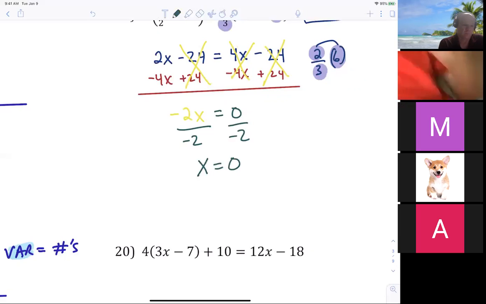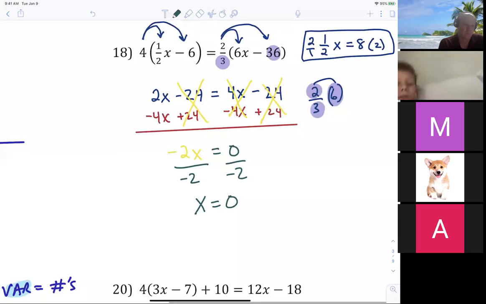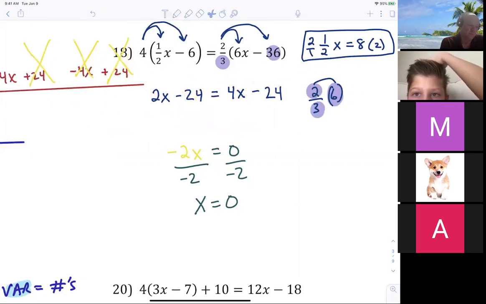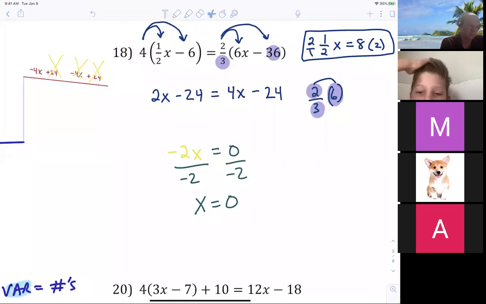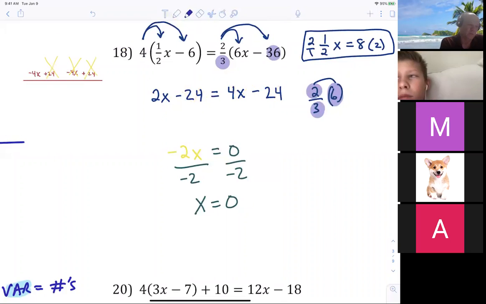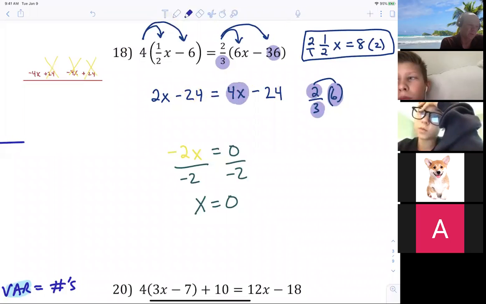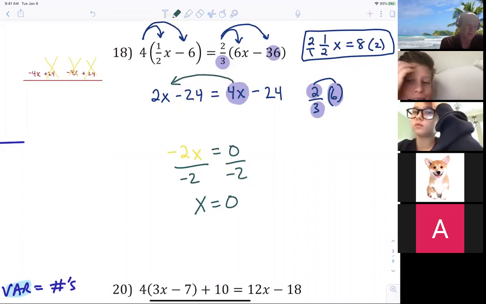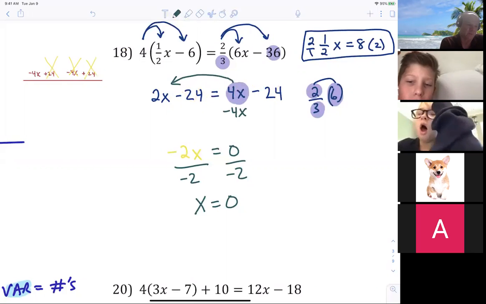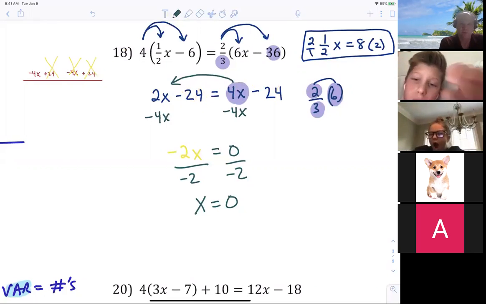Where did you get the -4? Okay, so let's go back here for a second so I can show you. I always want to move my variables together. So I need to put the 4x over on this side. So if I move something, I change the sign. So this is negative 4x. Is that helpful, Aiden?